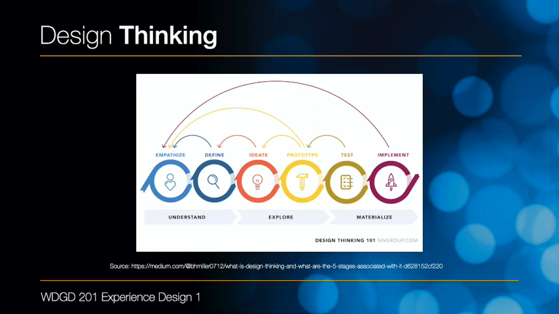The test doesn't work. So you go back and do another prototype. Or maybe at the prototype stage, you realize that you didn't understand something correctly from the empathize stage. So the idea here is that at any point you can step back and iterate again on the design until you get it right. So the idea isn't that we just push right through. We stop at each stage and go, is this correct? And if not, we can go back to a previous stage at any time before we get to the implement stage.